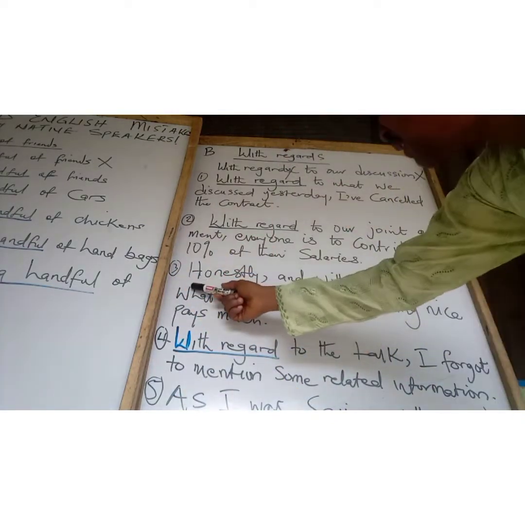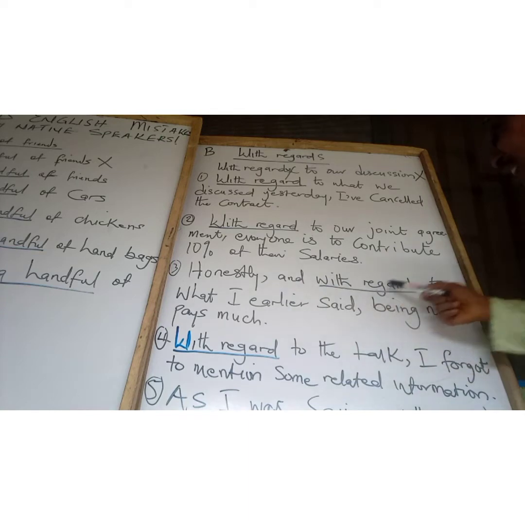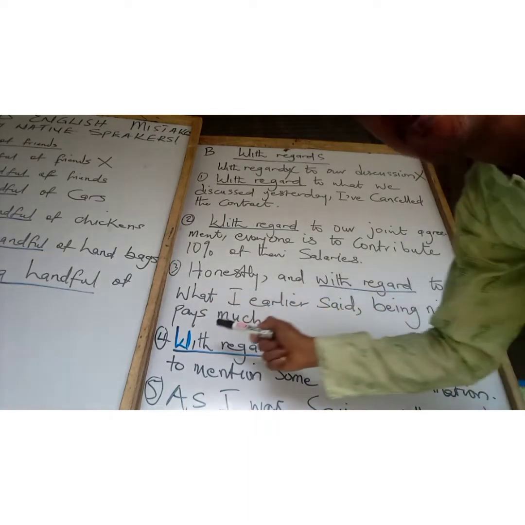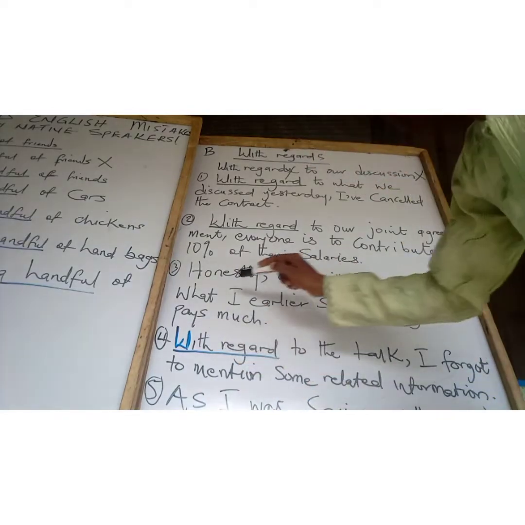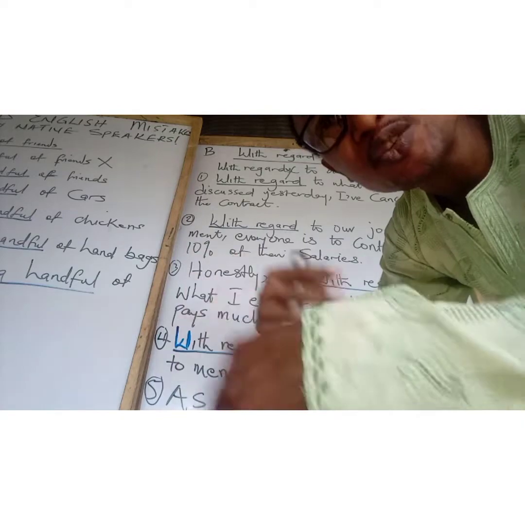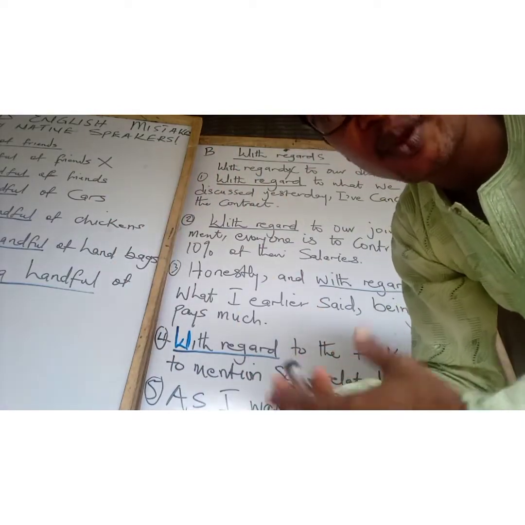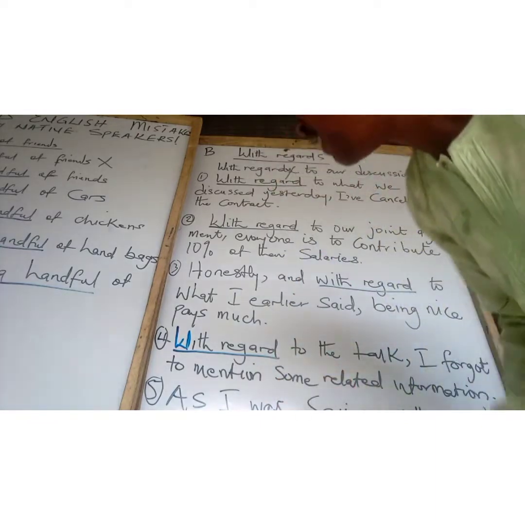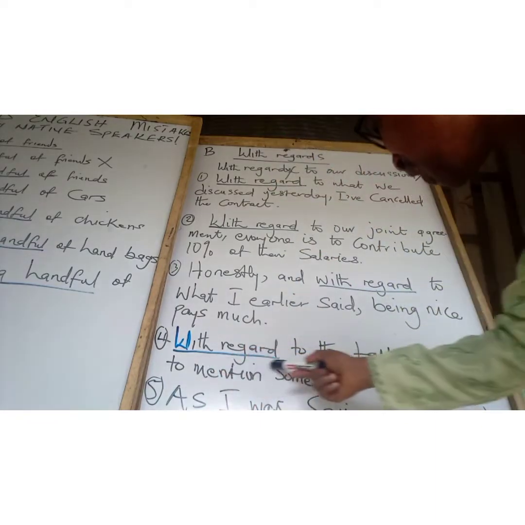Then, honestly, and with regard to what I earlier said, being nice pays much. It could be, honestly, with regard to what she told us yesterday. Then the next one is with regard to the talk.